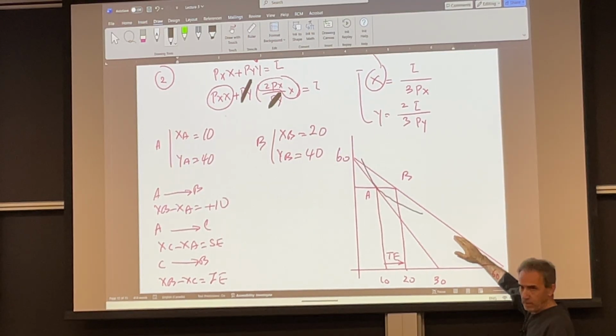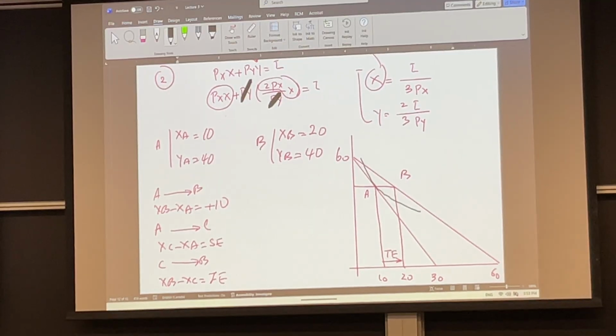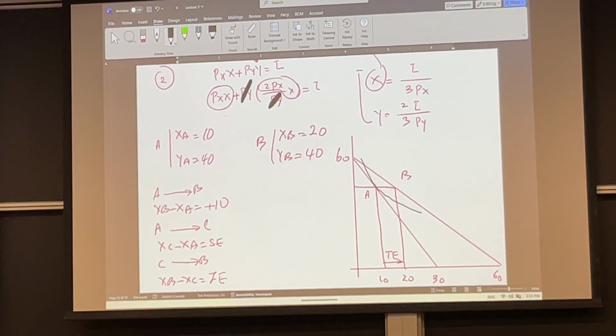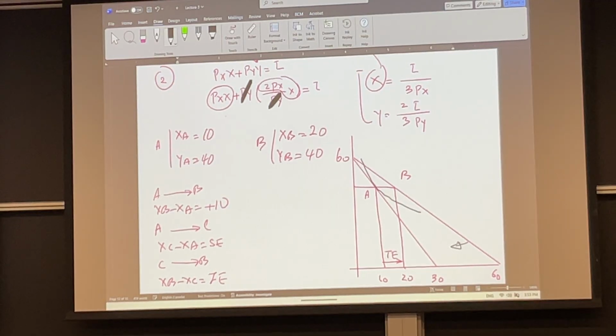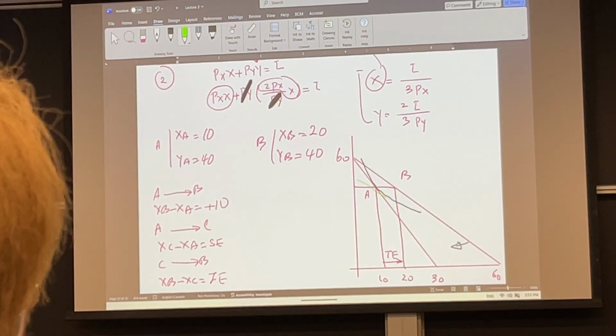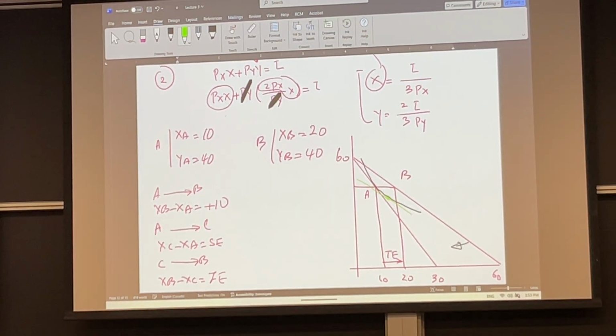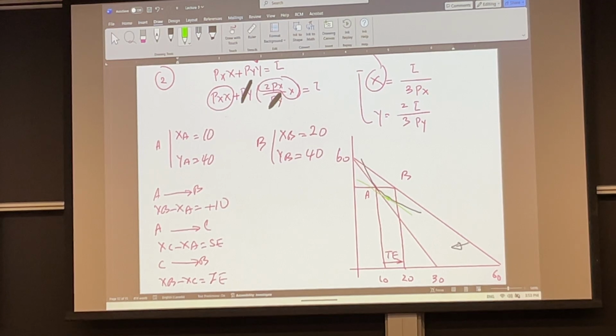Now the price went down, so you move the budget line from here to here. You need to eliminate the income factor. Take away money from him because the lower price gave him more purchasing power. Shift this one backward, all the way to tangent C. Make sure you have a ruler, make a tangent. That's a tangent. See, that's awkward graphing.